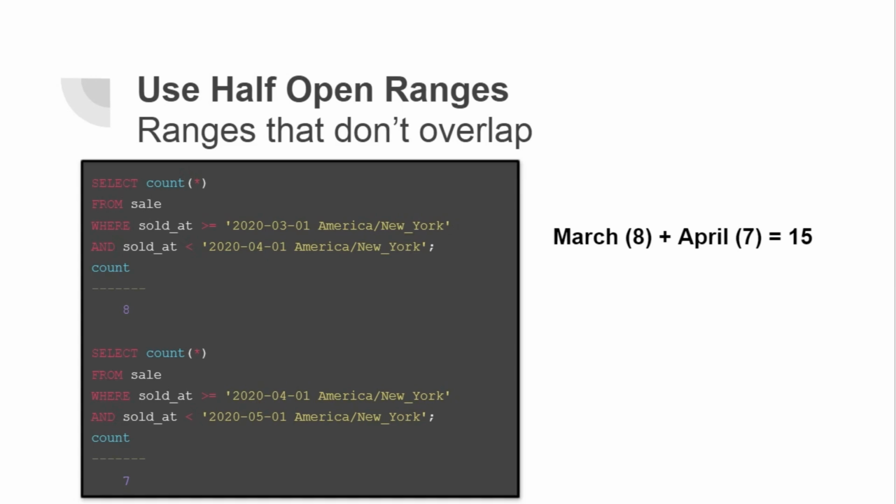We are counting all the sales that were made starting at the 1st of March, including, and until the 1st of April, excluding the 1st of April at midnight, as LK mentioned in the group chat. We do the same for April, and we can see that we get correct results. 8 plus 7 equals 15, which is the number of sales we have in the table.